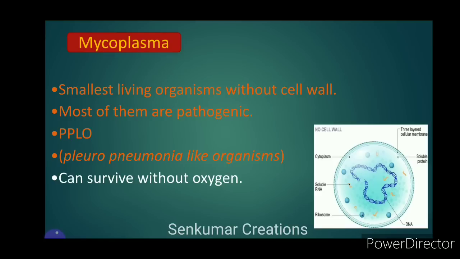Aerobic can live only in the presence of oxygen, and the anaerobic group of bacteria can survive in the absence of oxygen. One more is the facultative anaerobic, which means bacteria can survive both in presence and in absence of oxygen. So this mycoplasma group of bacteria can survive without oxygen.